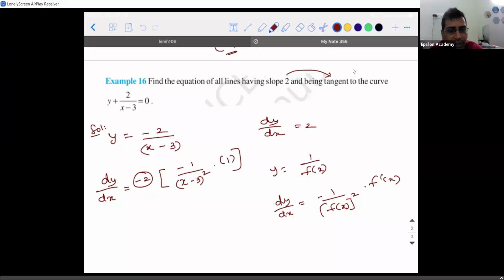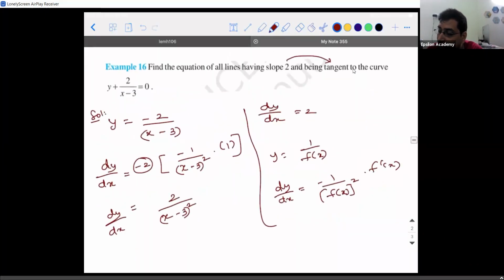I took minus 2 outside, so that the derivative of 1 by x minus 3 is this thing. If you're not comfortable with this method, you can still do it with the old method, that is u by v. It's up to you, okay? I just wanted to teach you this. So 2 divided by x minus 3 the whole square is dy by dx.